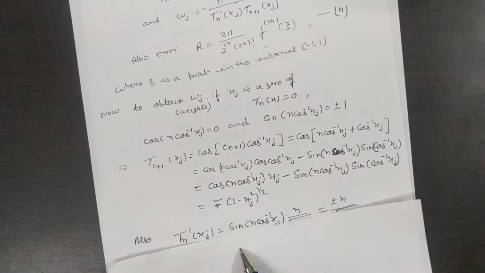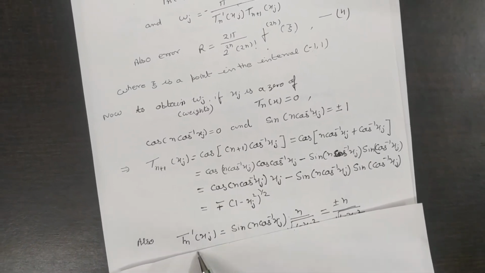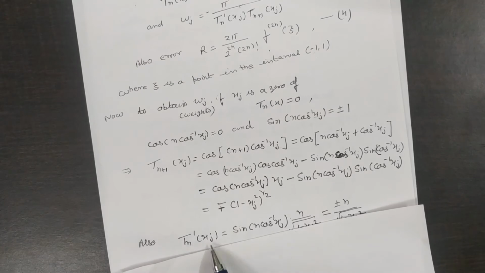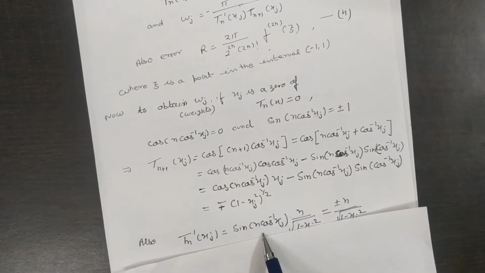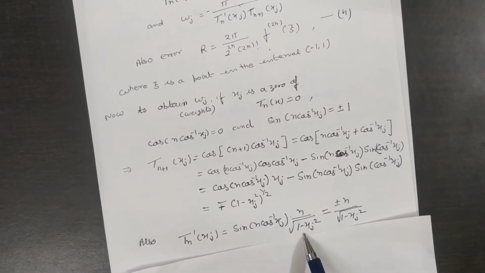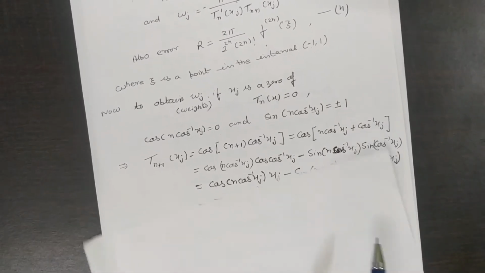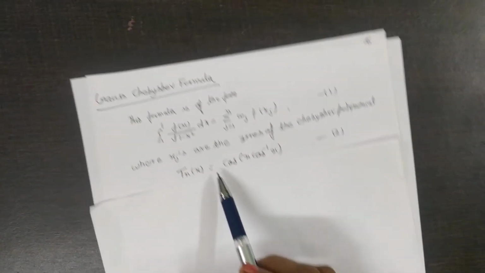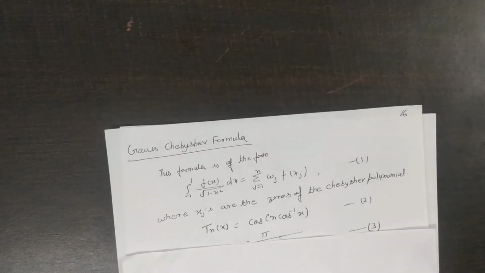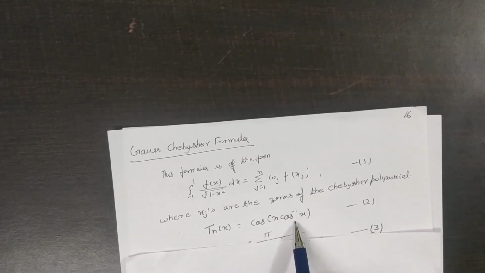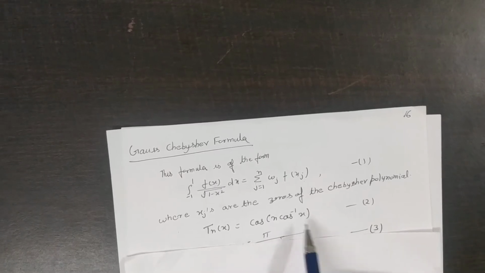Okay, now also Tn dash(xj), that is differentiating this, then we get sine of n cos inverse xj and also this divided by this. If you differentiate Tn, that is this one, Tn dash(x), differentiating this is equal to sine of this, and also the differentiation of this is this.